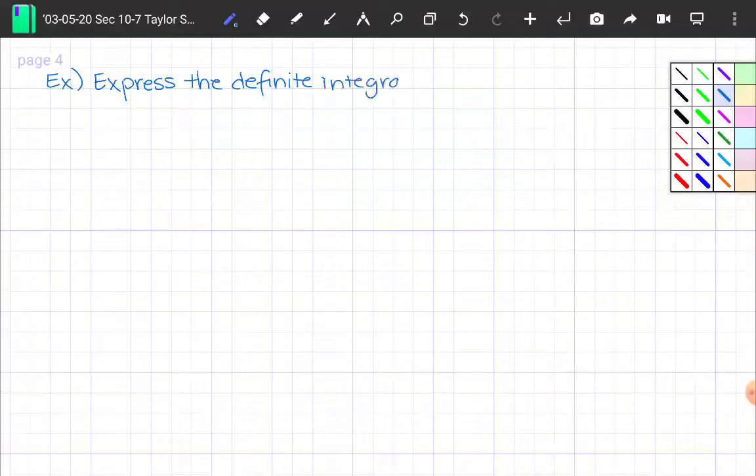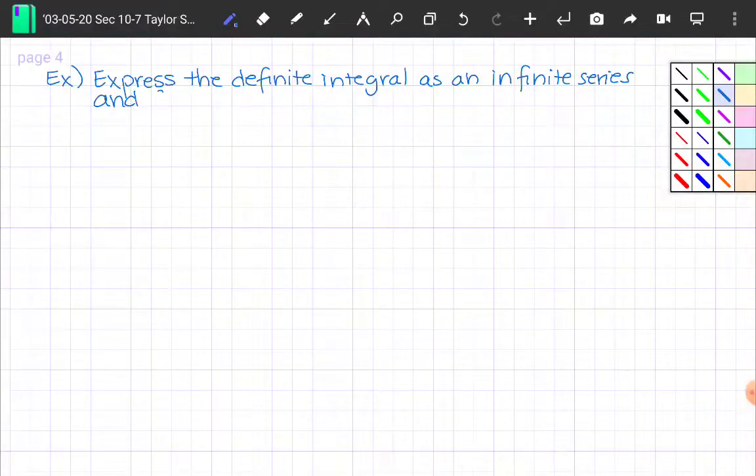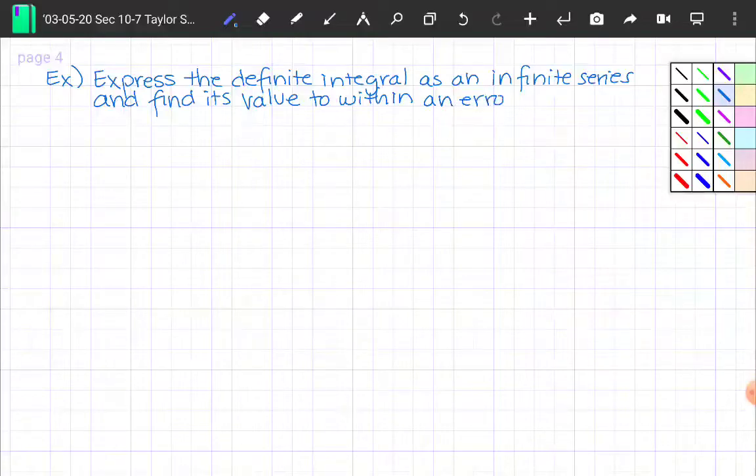Okay, here's the problem. We're going to express the definite integral as an infinite series and find its value to within an error of at most 10 to the negative fourth.